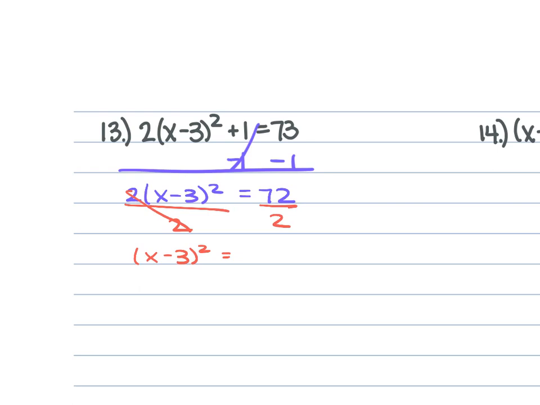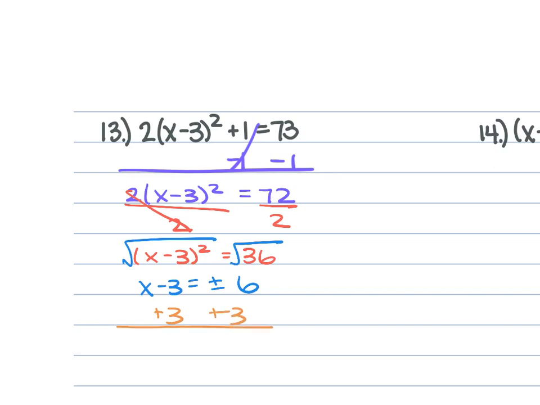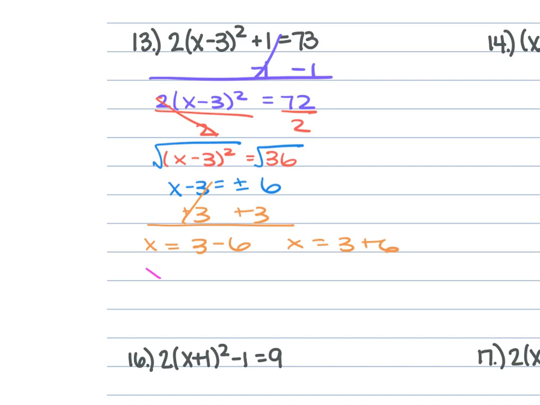So take the square root of both sides. So x − 3 is equal to plus or minus 6. And again, we're going to move the 3 over by adding it to both sides, which means we're going to have x is equal to 3 − 6, and x is equal to 3 + 6. So this is giving us x is equal to −3, and x is equal to 9.